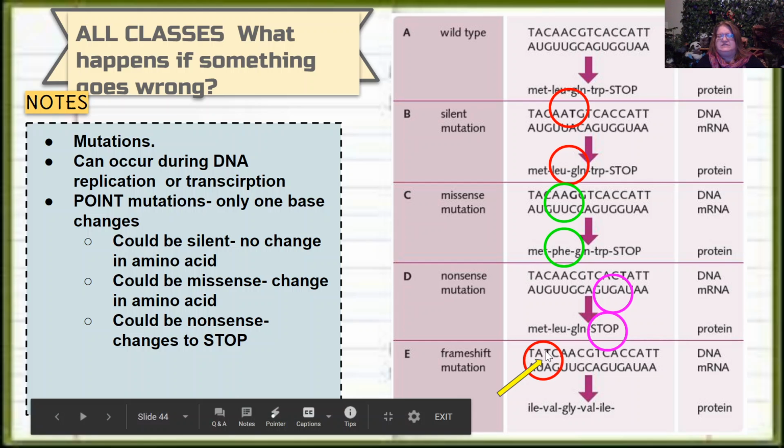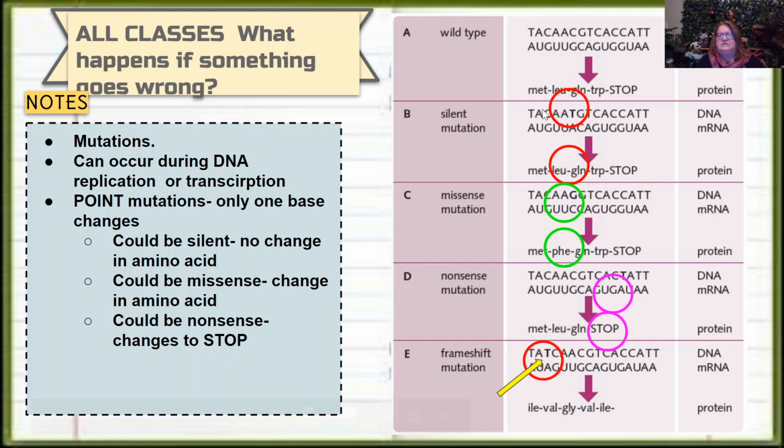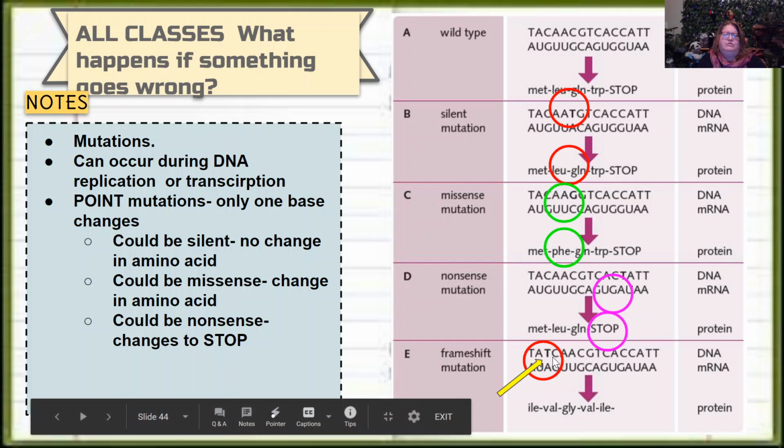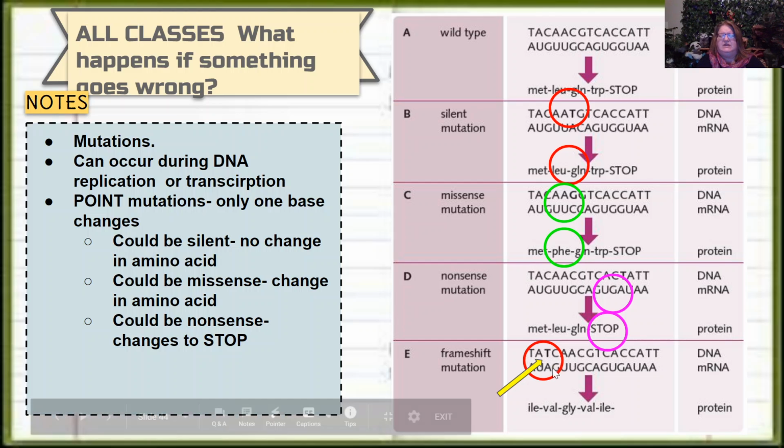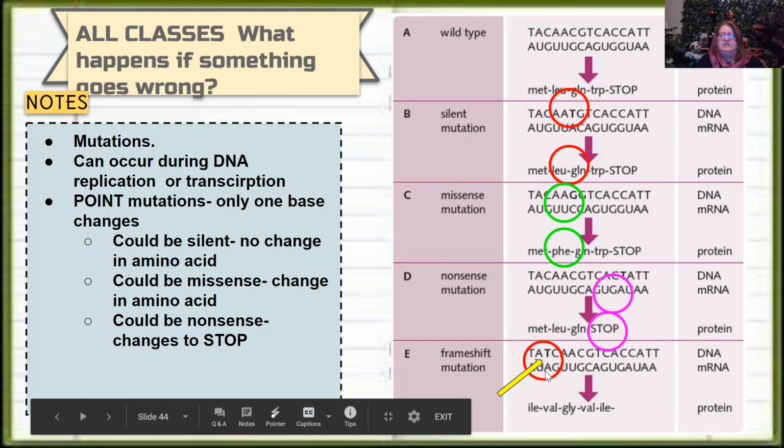So notice there's a T between the A and the C in this last example. Now, that's going to be really bad because notice if we do that, look at what we just did. Every codon suddenly changes. Remember, a codon is every 3 letters, and that's how we make our amino acid strand.